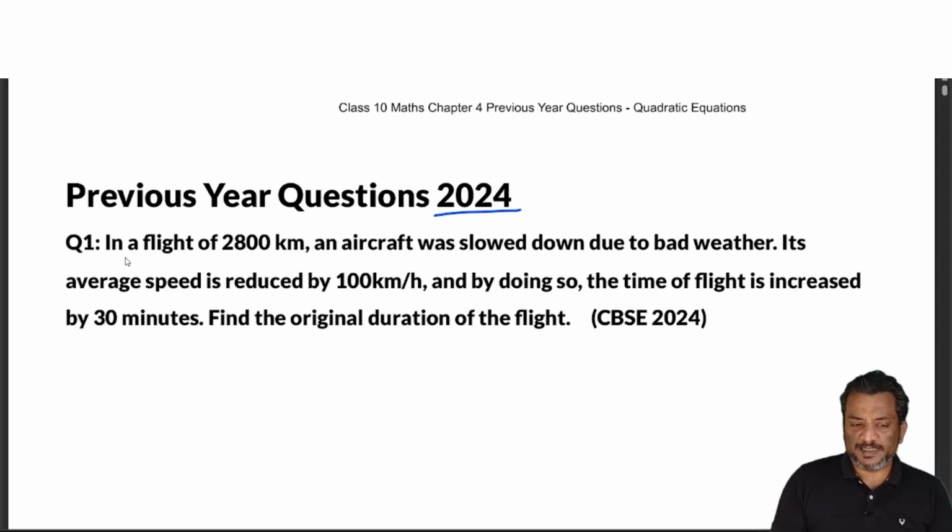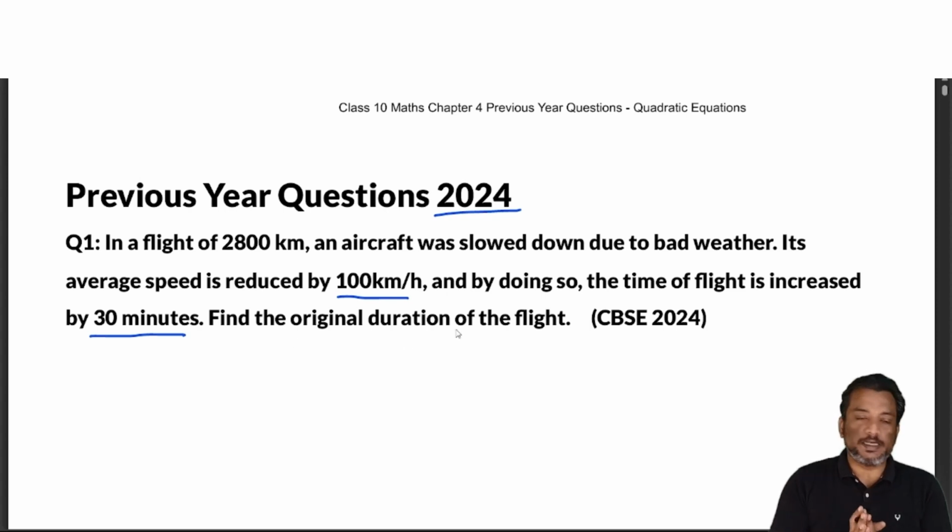It says, in a flight of 2800 kilometers, an aircraft was slowed down due to bad weather and its average speed is reduced by 100 km per hour. By doing so, the time of flight has increased by 30 minutes. So find the original duration of the flight.